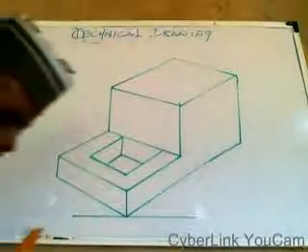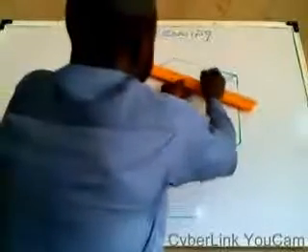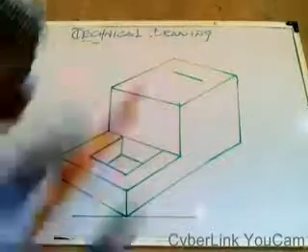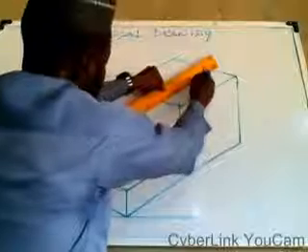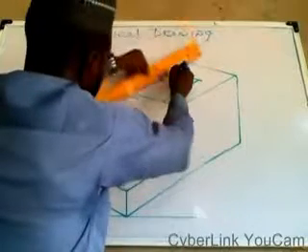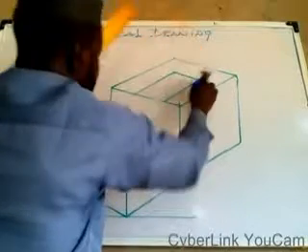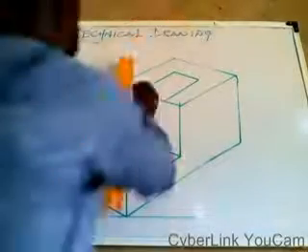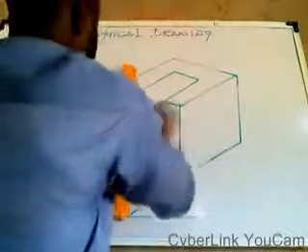From here we have this one. We have something like this here. So this one will come and make this one here. This one will come here as well. So this one comes here.